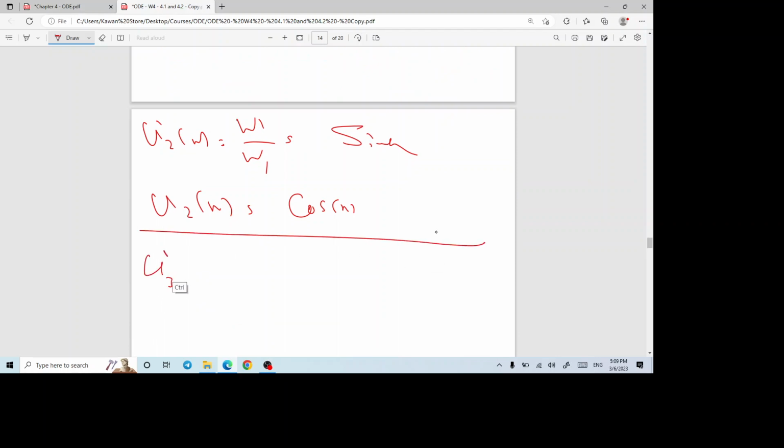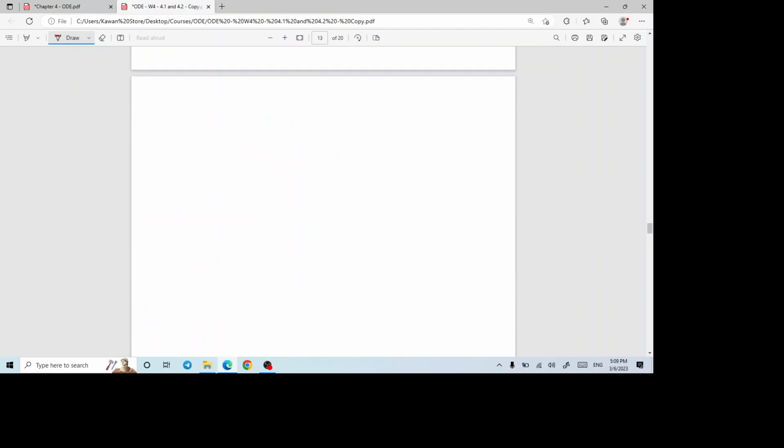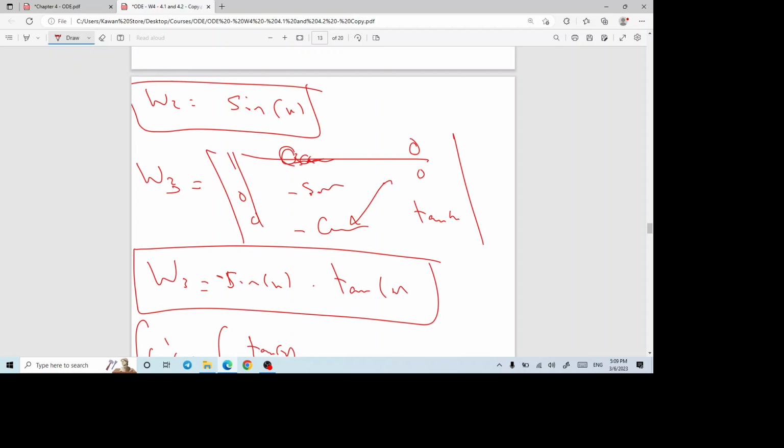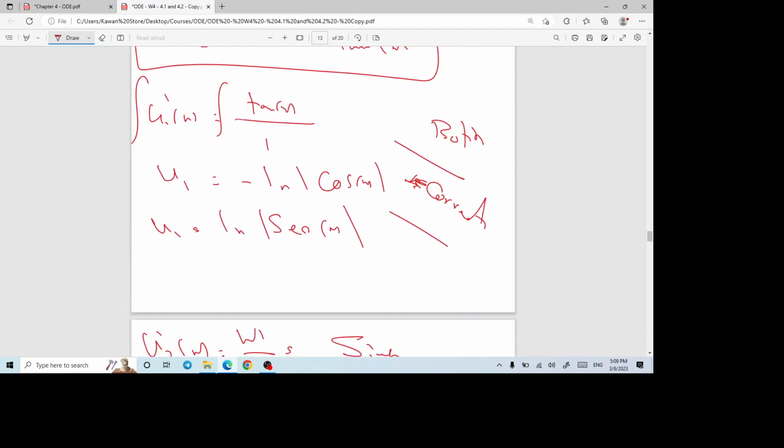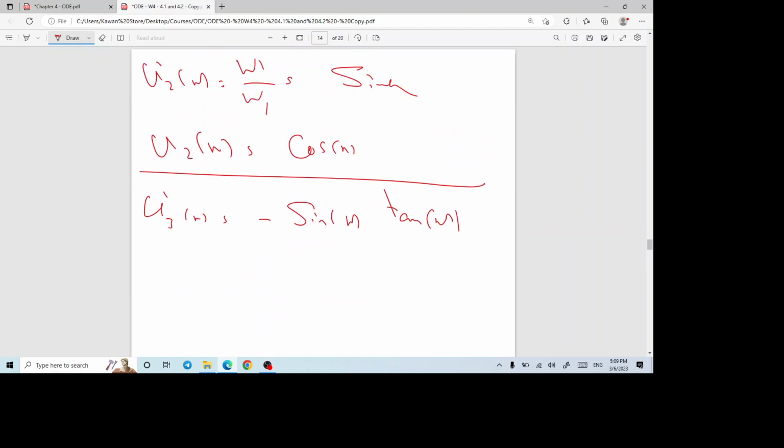Finally, u3 prime is equal to minus sine tan. Am I right? Maybe with a mistake by a minus somewhere, it's okay. Yalla. No, the integral of sine is cosine. You are right, you are right. Thank you. Sorry.